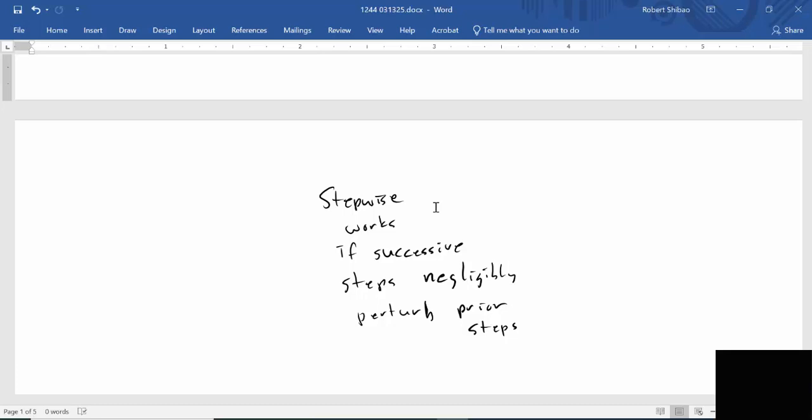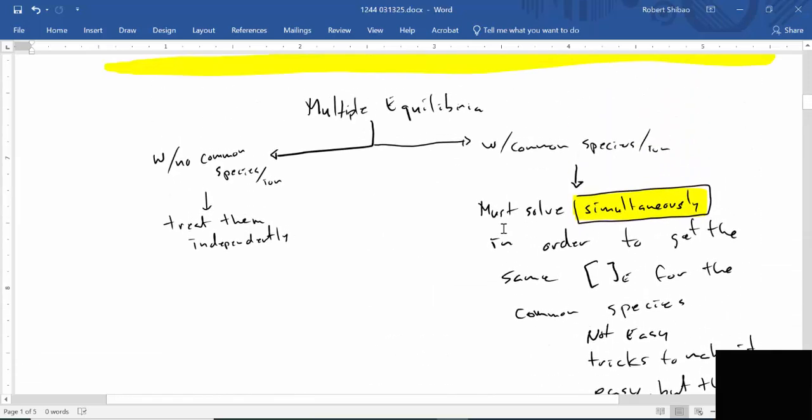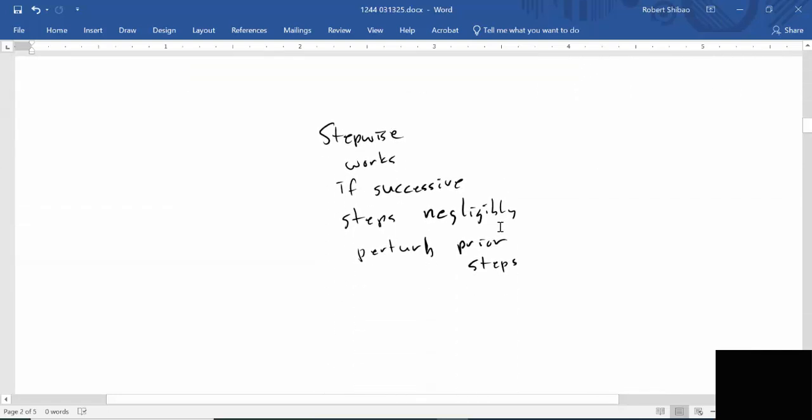What I mean by that is, let's say this step 2 contributed a tiny quantity of hydronium, such that the hydronium really didn't change much in going from step 1 to step 2. Then stepwise is fine.